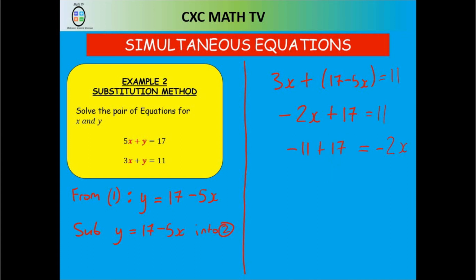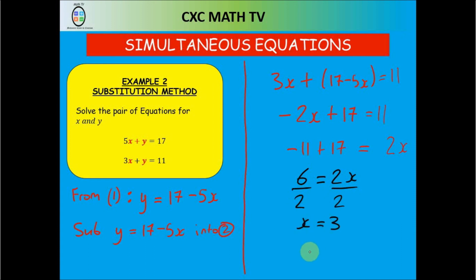All I did was bring the 11 over to the left side and bring the minus 2x over to the right side. But when I bring it to the right side, of course, it's going to then become positive 2x. In that case now, negative 11 plus 17, that's positive 6, is 2x.